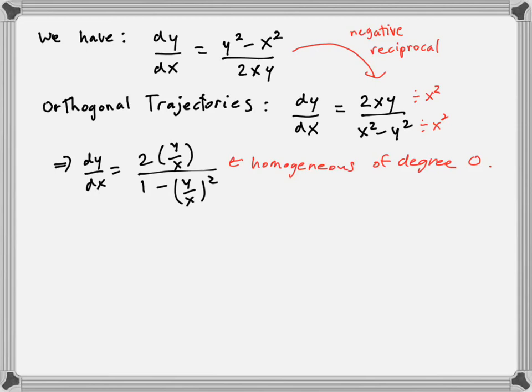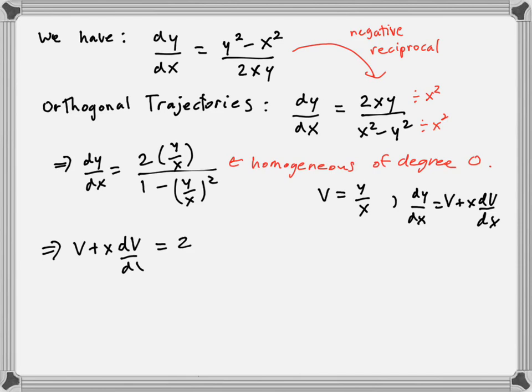Remember v is equal to y over x. And also remember, by doing that whole product rule thing like we did last time, we know that dy dx is equal to v plus x dv dx. And so our differential equation becomes v plus x dv dx is equal to 2v over 1 minus v squared.